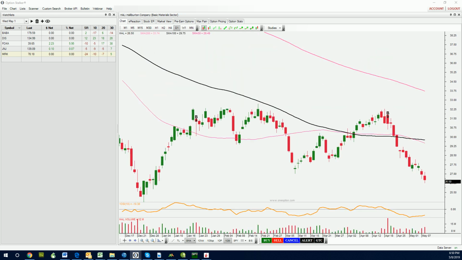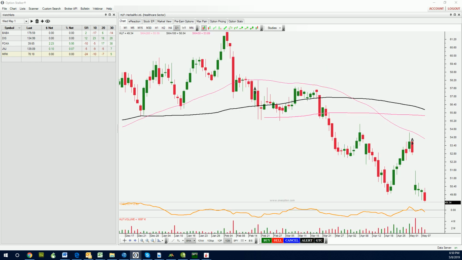MGM, Halliburton. That's a weak chart through horizontal support there. Got another horizontal support level it needs to get through here. That's not a bad short. I would prefer to short something that's trading a little bit higher that has more downside to it. HLF, this is nasty.